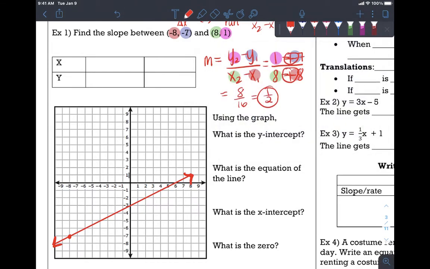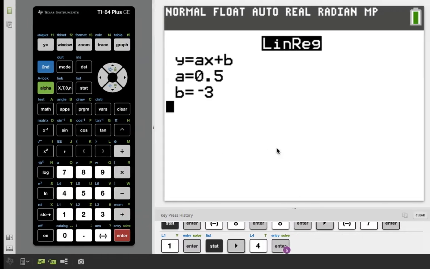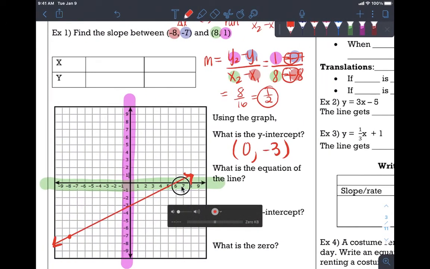And now they're asking me about the y-intercept. So I need to look at my range/y-axis, domain/x-axis. I'm looking to see where it touches the y, and I see it here at -3. So I'm going to write that out as an ordered pair. Now this should be the b part in my equation. So I'm going to go back over here and look and verify. Yes, that is. So it looks like I graphed that correctly.